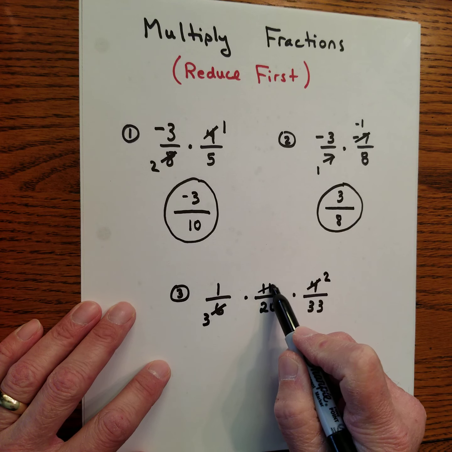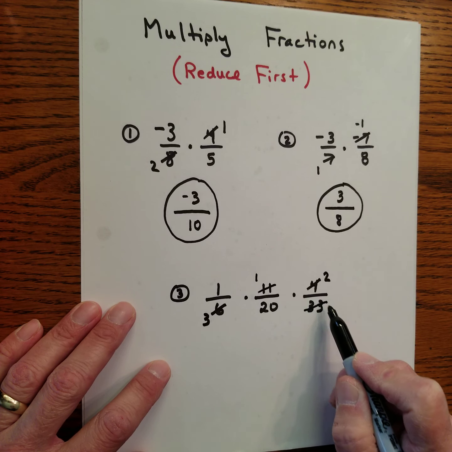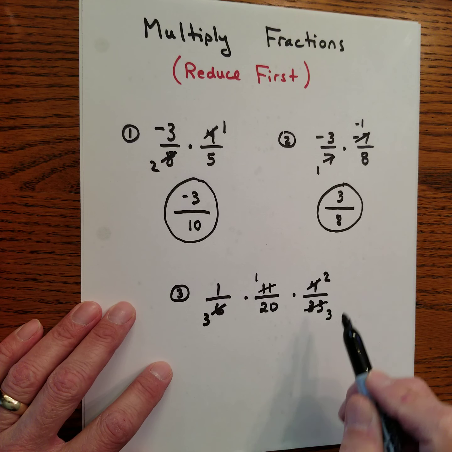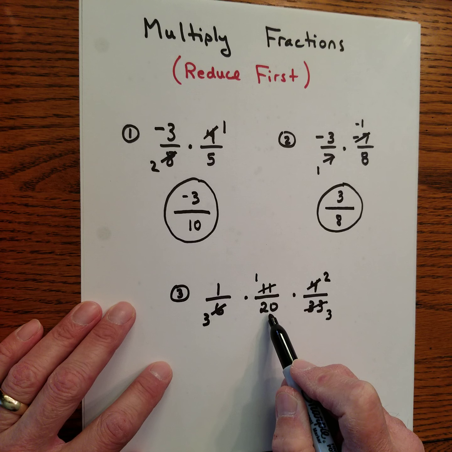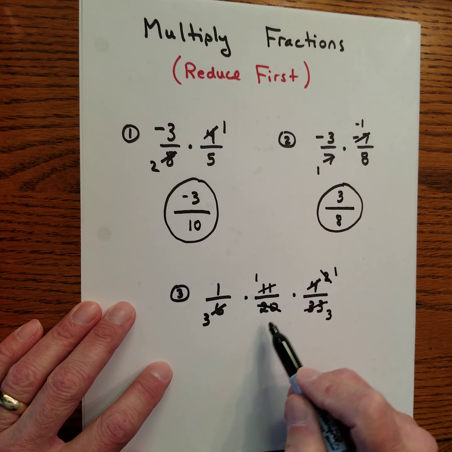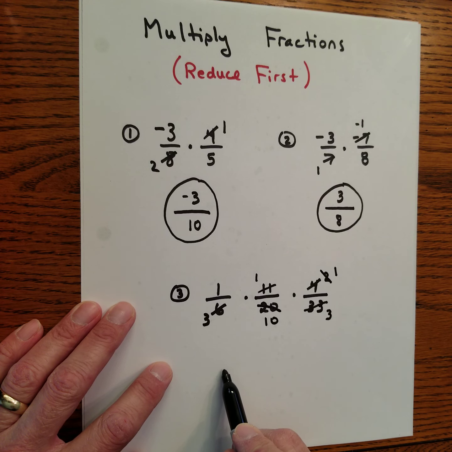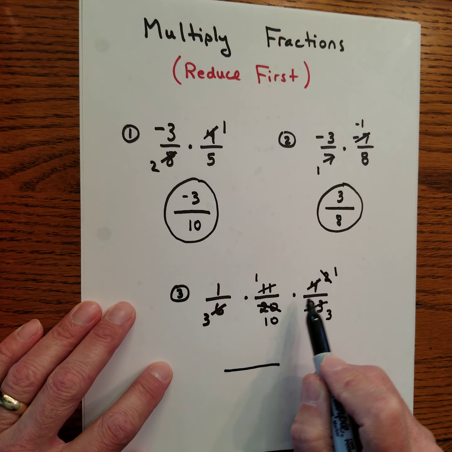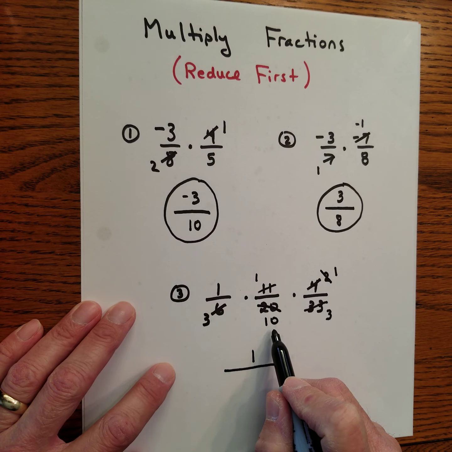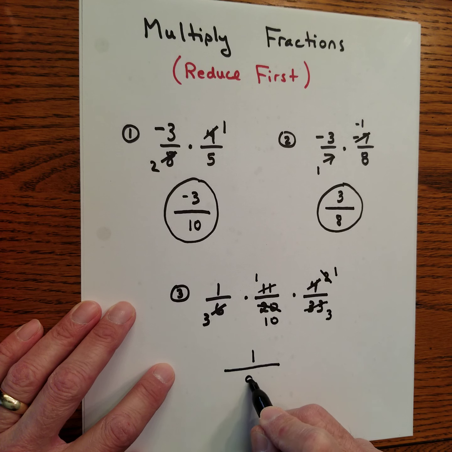I can divide by 11 and divide by 11. If I'm really on the ball, I will notice a 2 here and a 20 here. I'll divide by 2 and divide by 2. Now multiply the tops. 1 times 1 times 1. Bottoms are 3 times 10 is 30 times 3 is 90.